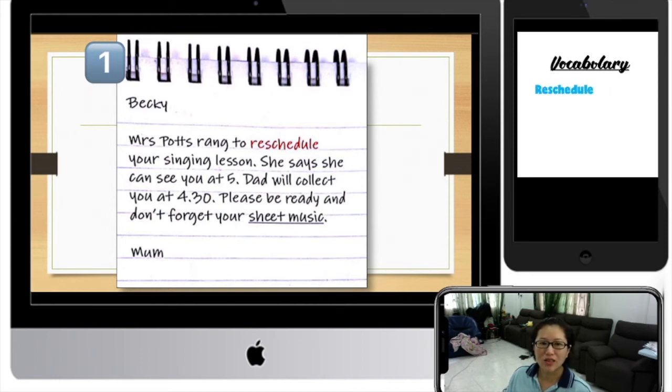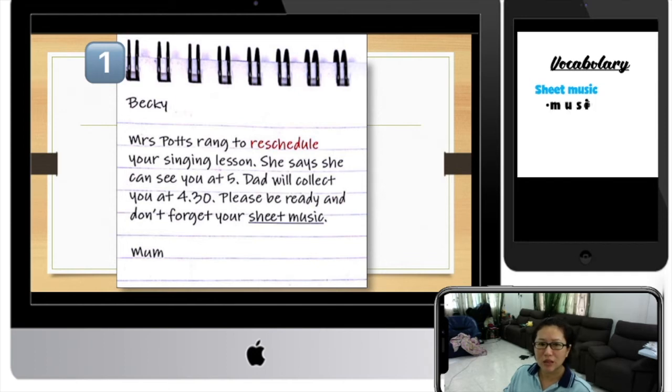Let's look at the vocabulary. Reschedule. What does reschedule mean? It means change the time of a planned event. In bahasa, it is menjadwalkan semula. The second word, sheet music.